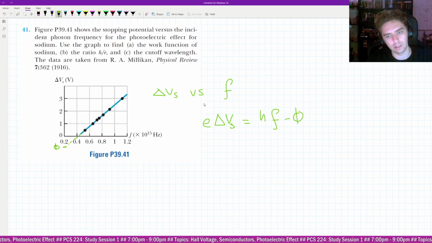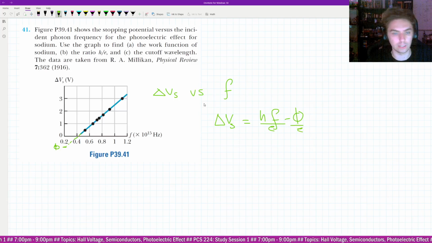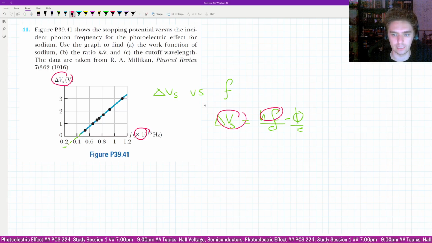So they're both equal to the kinetic energy, so we have that here. And so, dividing both sides by e, we get this equation.